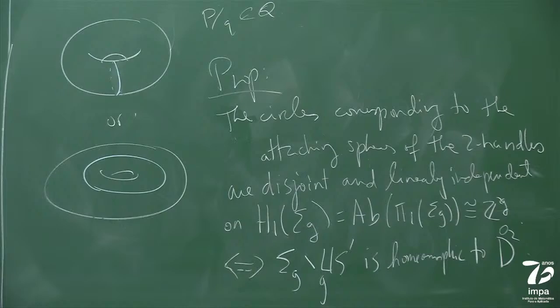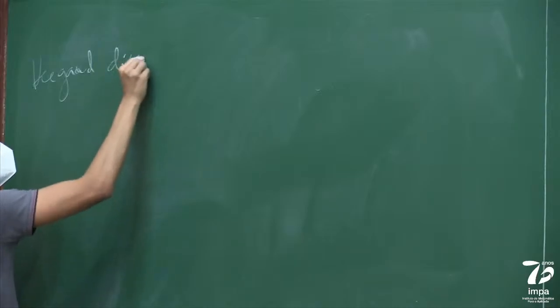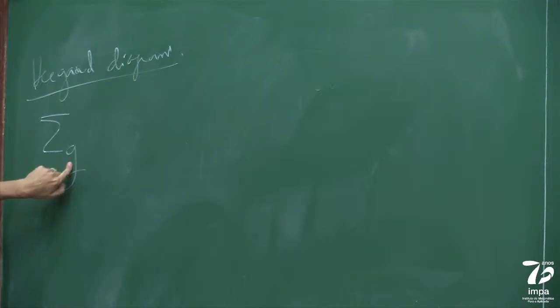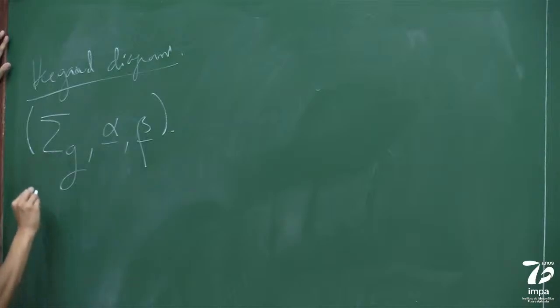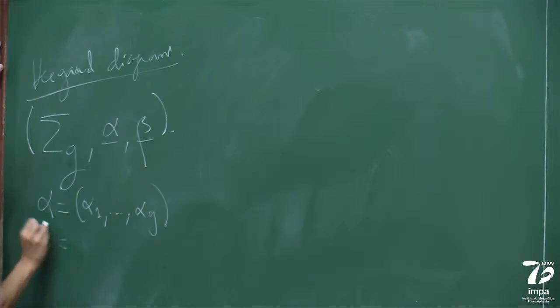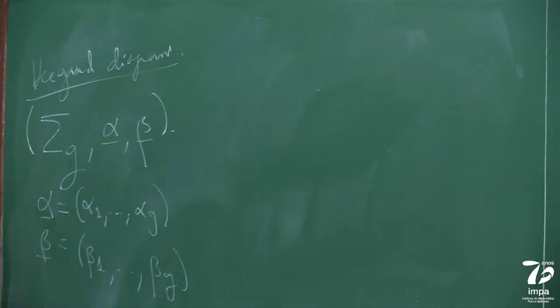So a Heegaard diagram. What is a Heegaard diagram? It's basically just a diagram of this. A Heegaard diagram is a choice of a surface, and then usually people do the following thing. They have an alpha and a beta, where alpha is G circles, and beta is also a collection of G circles.